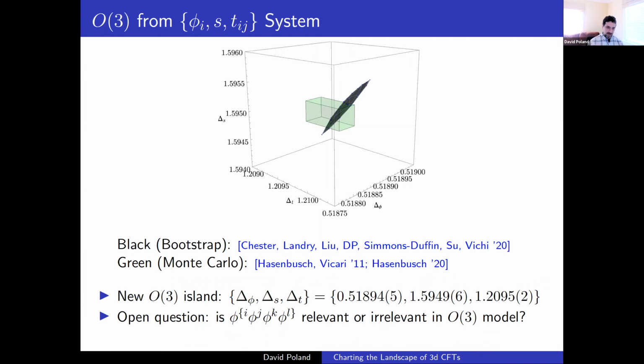Then you're allowed to add this operator to the Lagrangian, and if it's relevant, it'll cause your theory to flow to a fixed point which is not the O3 model, but the fixed point with cubic symmetry.